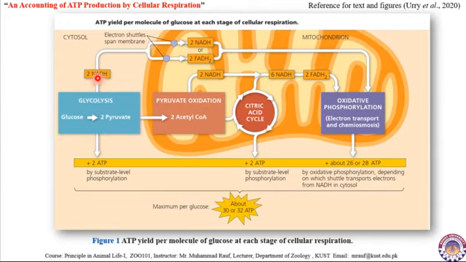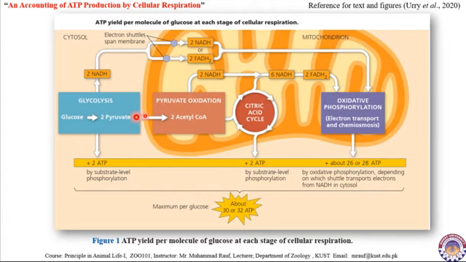However, it is not possible because the inner membrane is impermeable to NADH, so the NADH present in cytoplasm must deliver its electrons to an acceptor present inside mitochondria, which can be NAD or FAD. So when NADH delivers electrons to NAD, then the maximum amount of ATP is produced because they enter complex 1, and when NADH delivers its electrons to FAD, then 1.5 ATP molecules are produced because FAD enters complex 2.